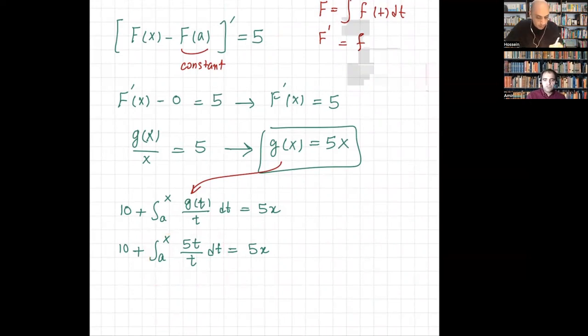So you just need to solve that integral. Luckily I have t in the numerator and denominator, so I can cancel them out, and they are non-zero, correct? So I have 10 plus the integral of a to x of 5 dt equal to 5x.